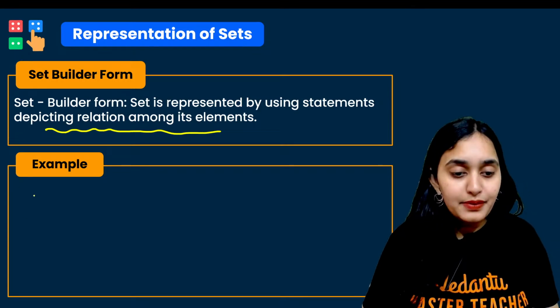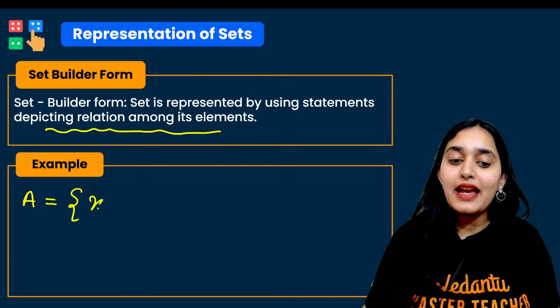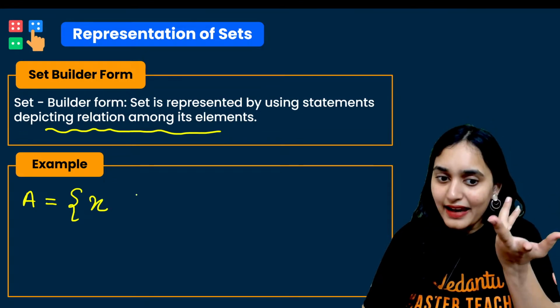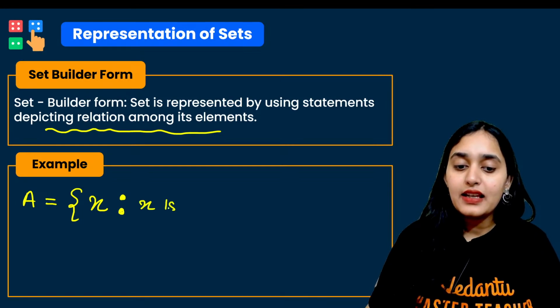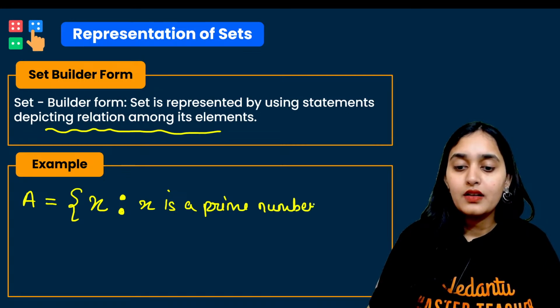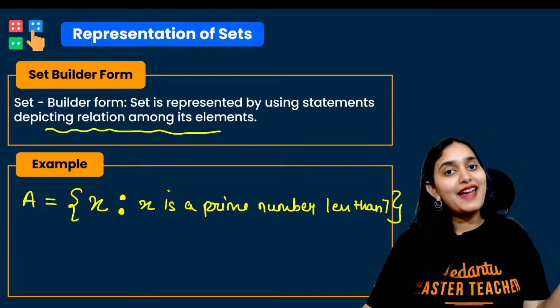For example, set A has element x. What is x? You will write such that x is a prime number less than 7.